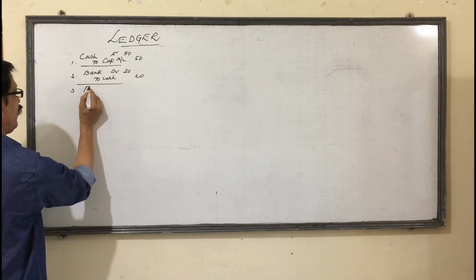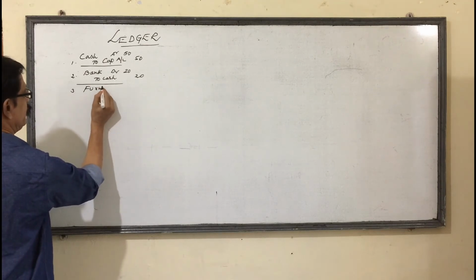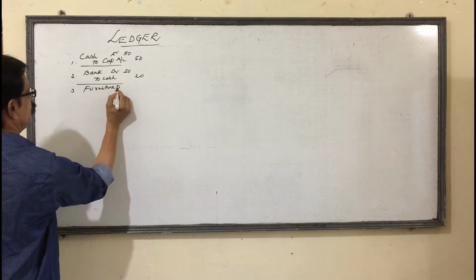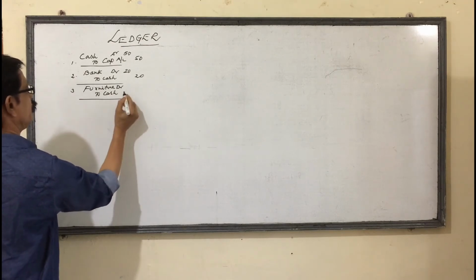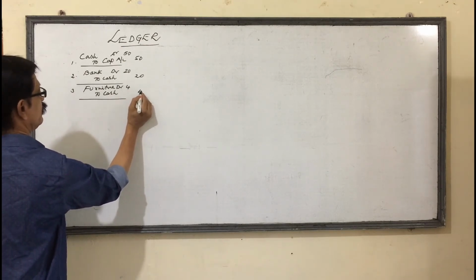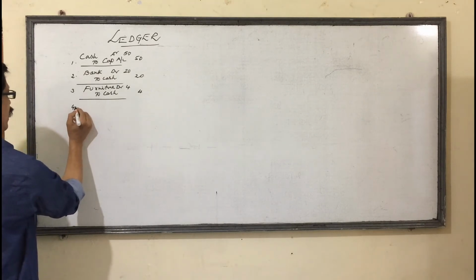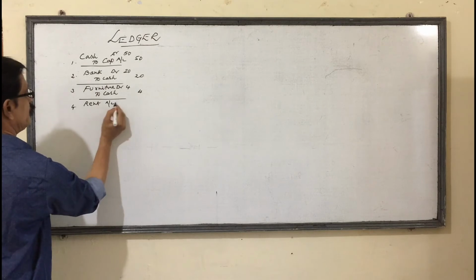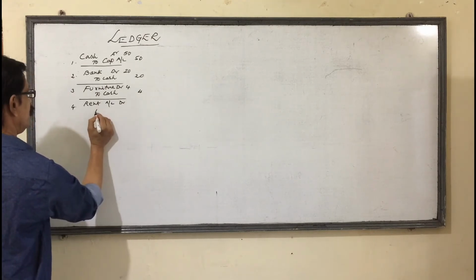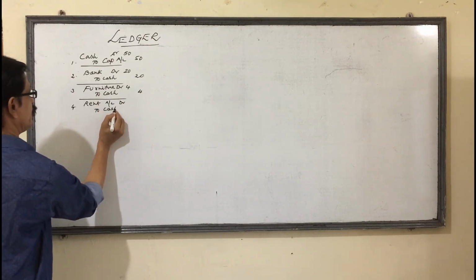Next, furniture account debit to cash account. Next, rent account debit to cash account.